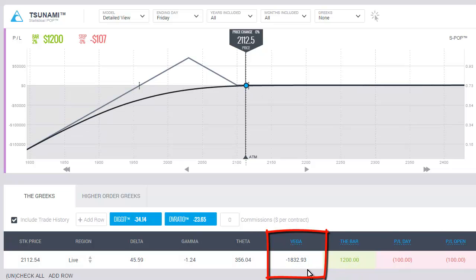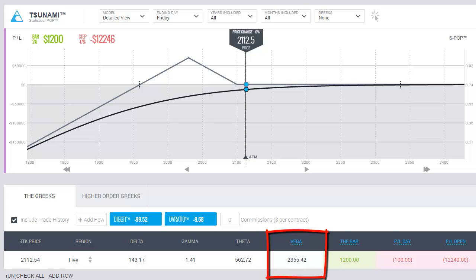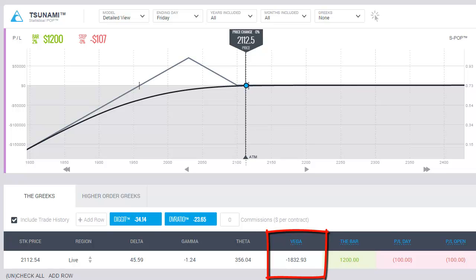It starts at 1832 negative, and as I increase the volatility, you'll see the Vega position get worse or become more negative. I'll explain why it's worse in a moment. Okay, so that represents that the trade has a negative Vomma position, which in this trade is detrimental to the trade, and I'll explain that in just a moment.